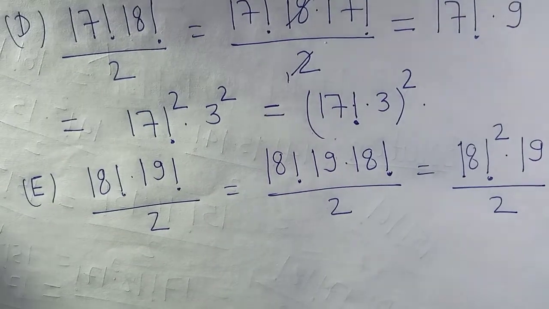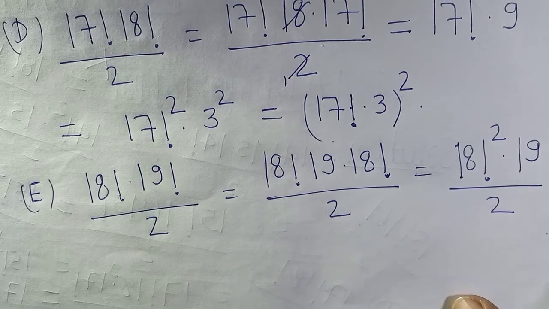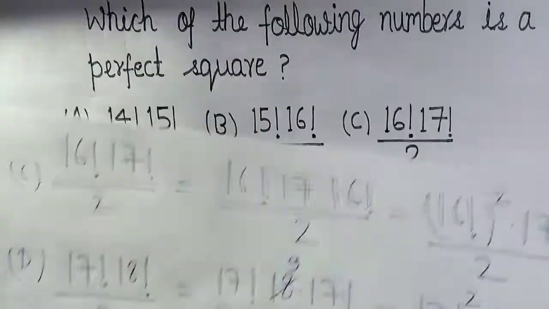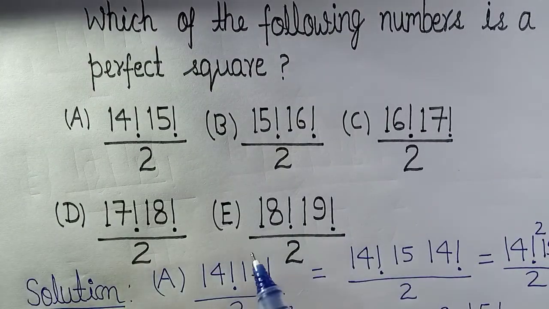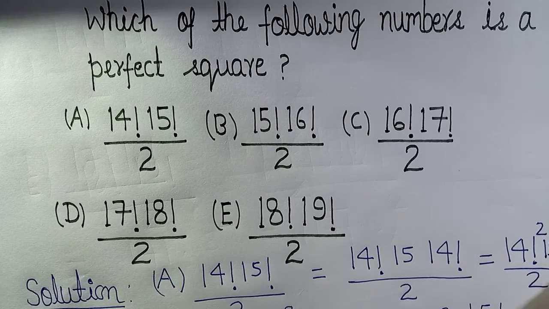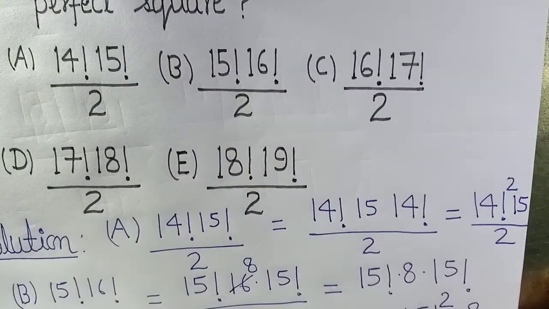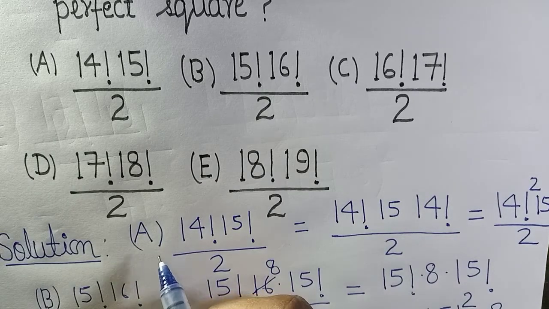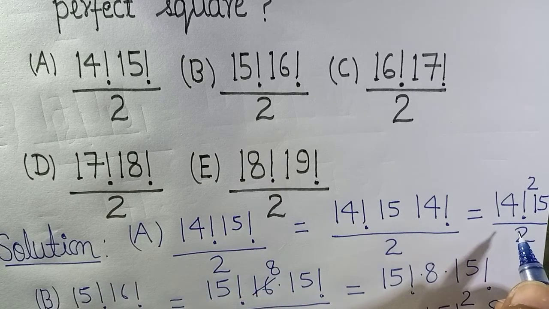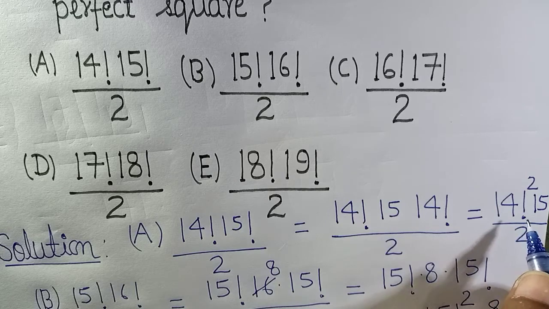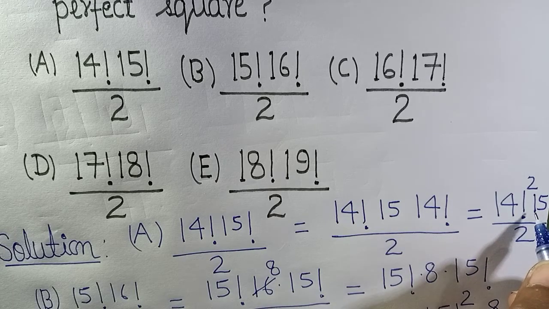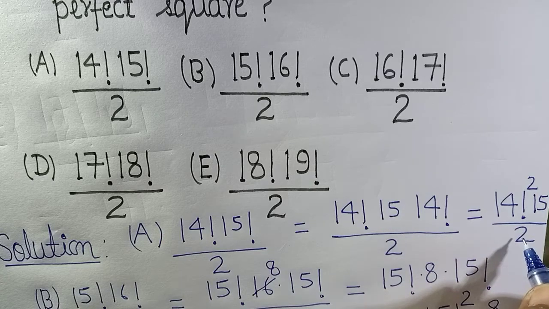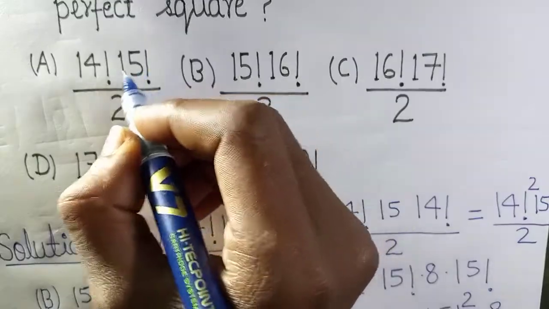So we can check all these 5 options, and we can see that it cannot be A, because there is an extra factor of 15 in the numerator.